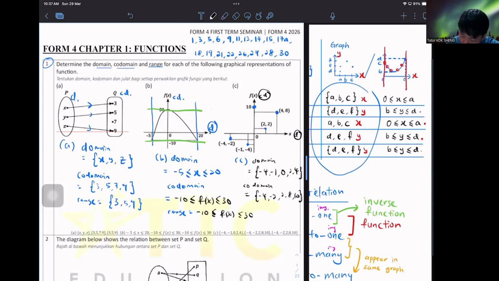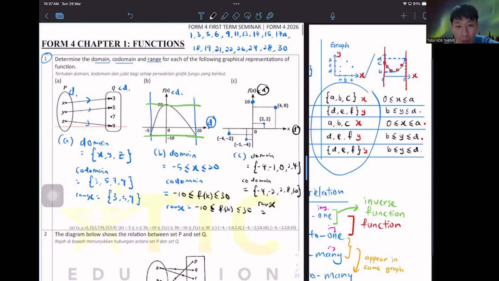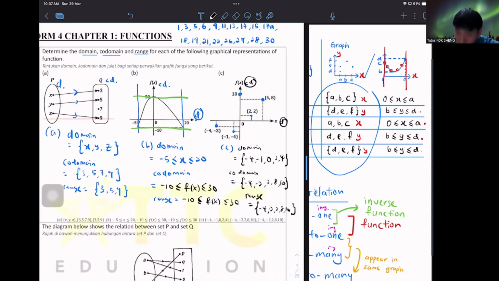Okay, last range. So range here will be same as the image. Yeah, same as the codomain. Just copy only. -4, -2, 2, 8, 10. Okay, so number one, done.